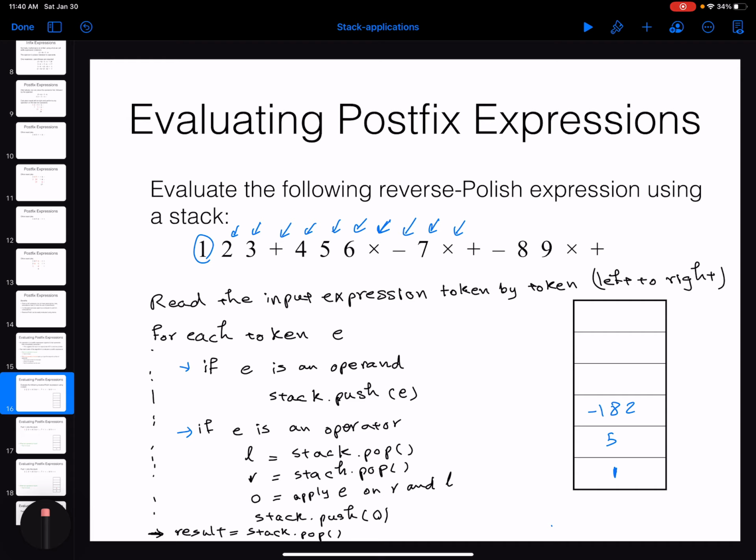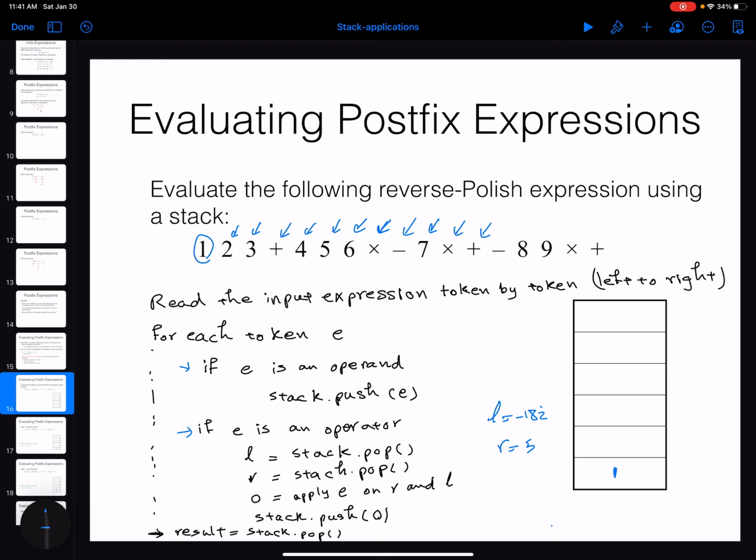The next token is going to be an operator. Again, what you do is one pop, another pop, so this part will be removed. You add them, and the result is going to be 177.